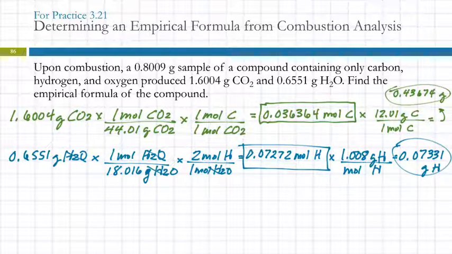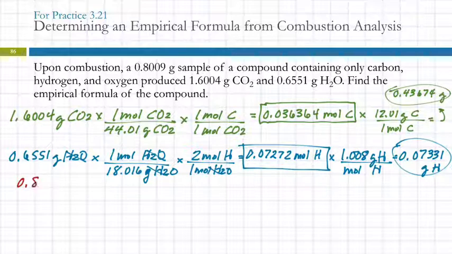I still need the mass of oxygen. So this mass here is the mass of carbon plus the mass of hydrogen plus the mass of oxygen. So I'm going to find the mass of oxygen by subtraction.